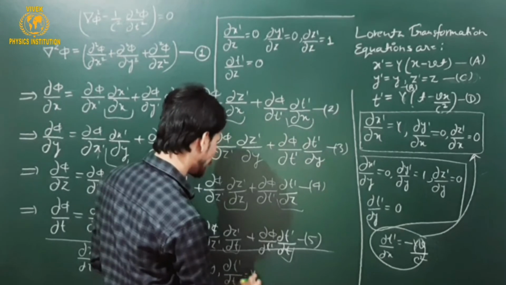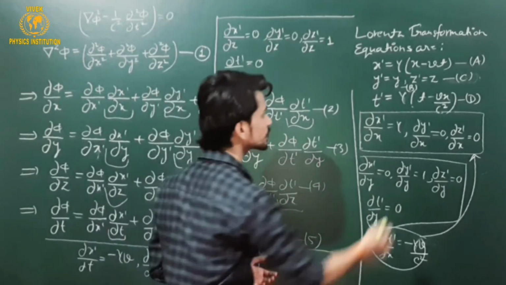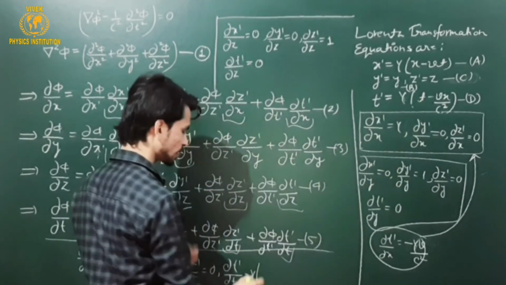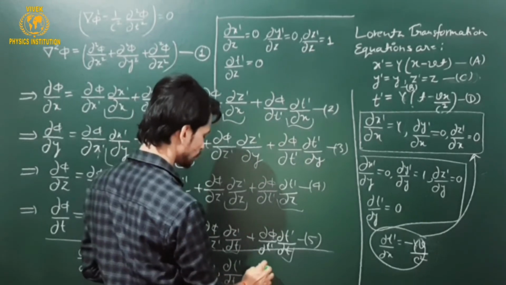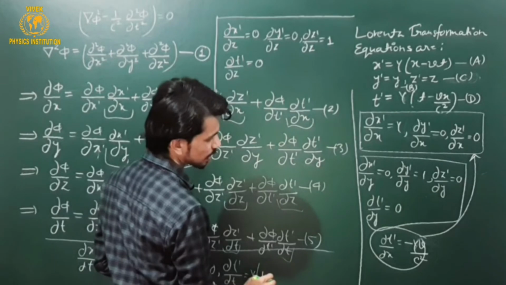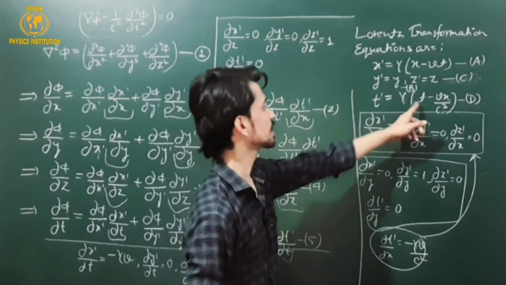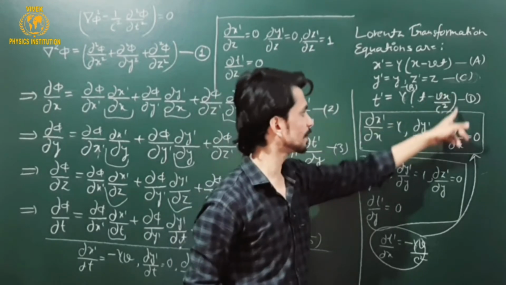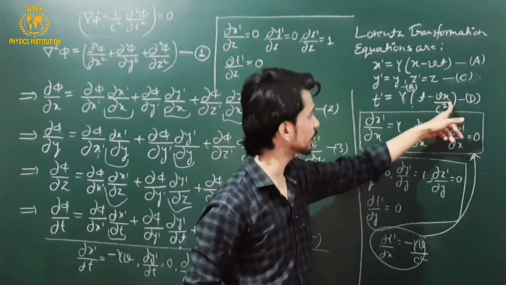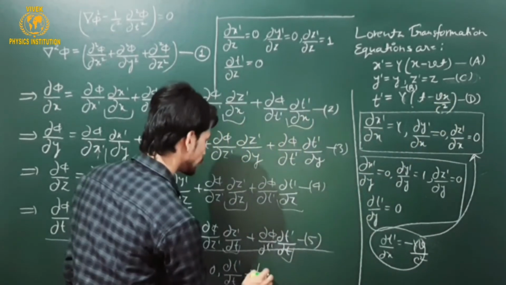Gamma will be treated as constant, and the differentiation of t with respect to t is 1. The other factor will be 0 because x is independent of t. So this is only gamma.